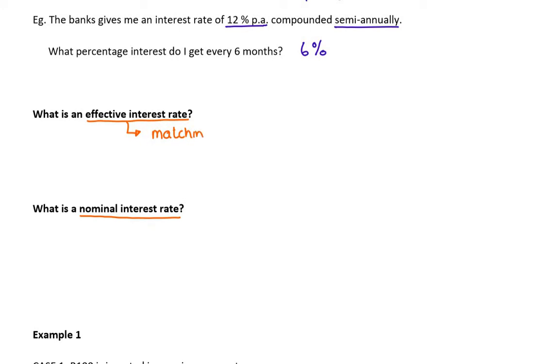If I give you an interest rate per annum and I tell you it's compounded annually, then that's an effective interest rate because they match. For example, per annum compounded annually. That's pretty much the only effective interest rate we work with, because all interest rates in the world are stated per annum.